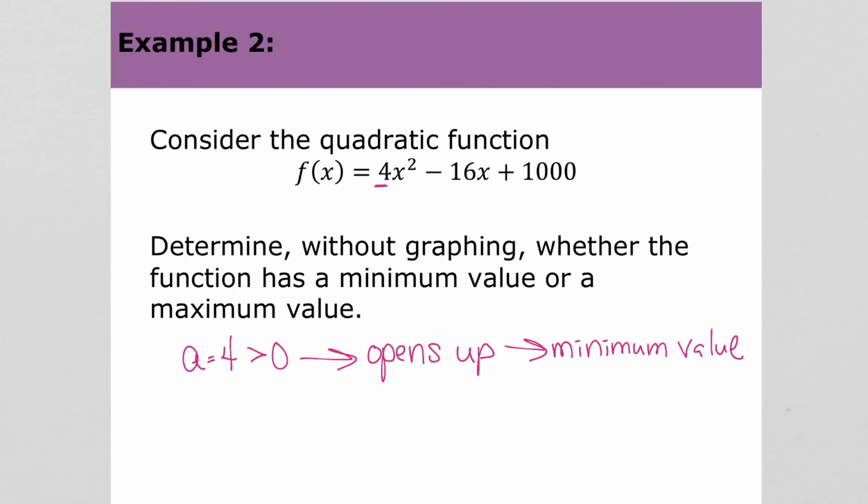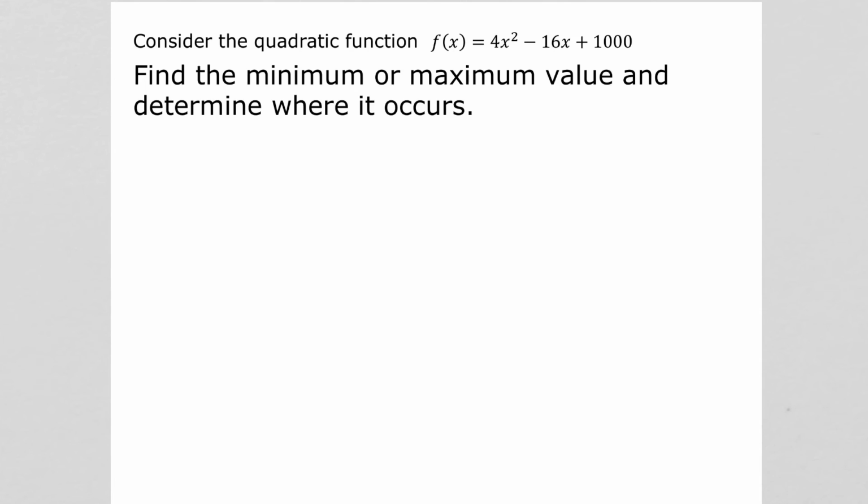Okay? It says find the minimum or maximum value and determine where it occurs. So to find that value, we can find x by using negative b over 2a. So we'd have negative negative 16 over 2 times 4. And that is negative 2.